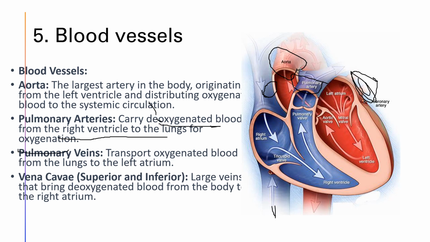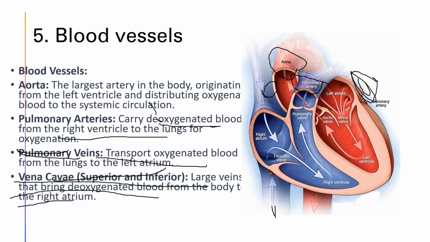The pulmonary veins transport oxygenated blood from the lungs to the left atrium. We have two vena cavas, superior and inferior. These are large veins that bring deoxygenated blood from the body to the right atrium.